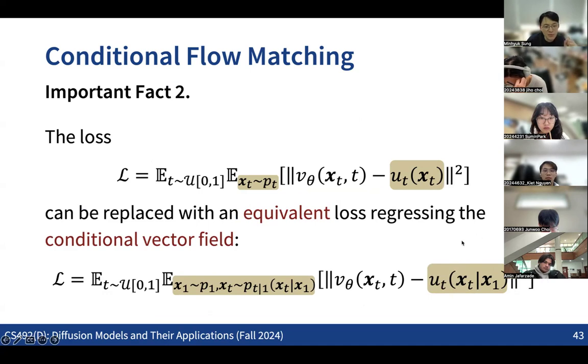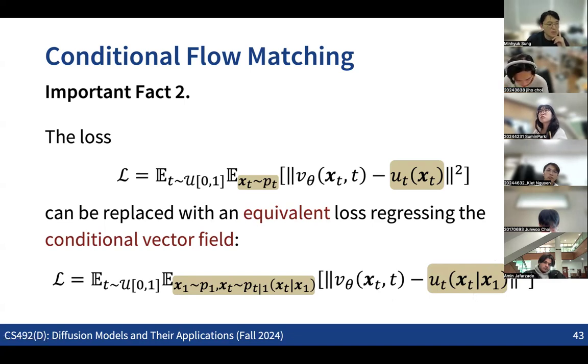So this is the key fact. Without having the marginal vector field, if we can calculate the conditional vector field here, then we can replace this loss function with another loss function, so that we can train a neural network that learns the vector field based on the conditional vector field. So that's basically the whole idea.